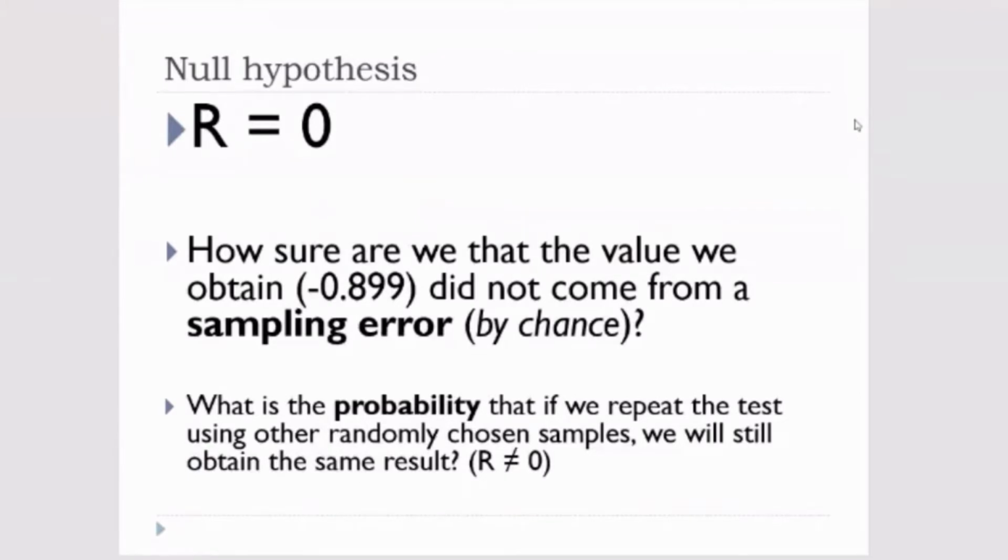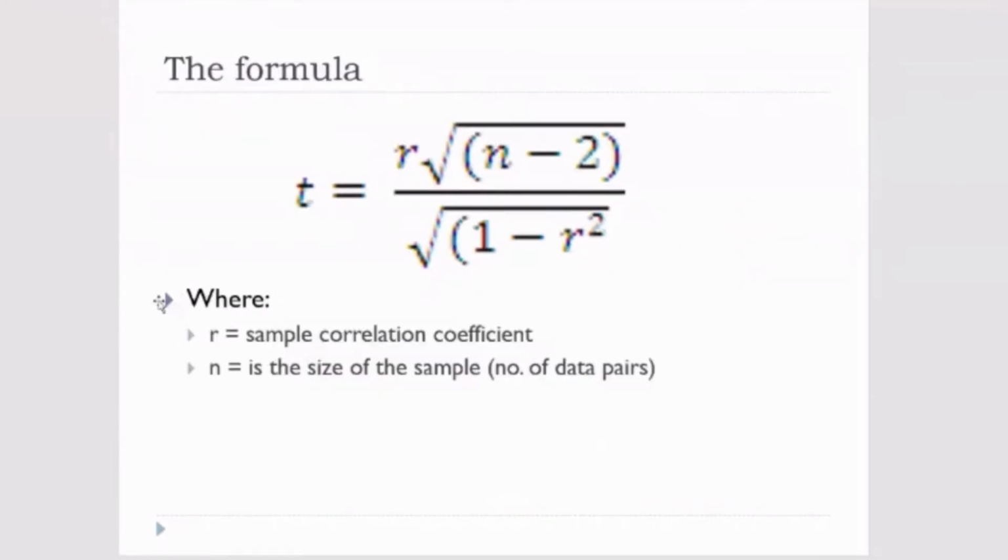Now, the formula for finding the significance of R in Pearson R is called the t-test. It's different from the t-test that we might have already heard of from the comparisons in our research methods. This is still a t-test for significance, and it's called t because we'll be using the t-table, which I will show you later. Okay, so this is the formula.